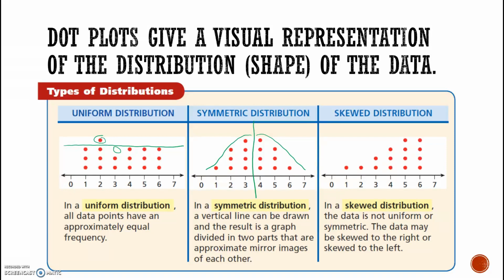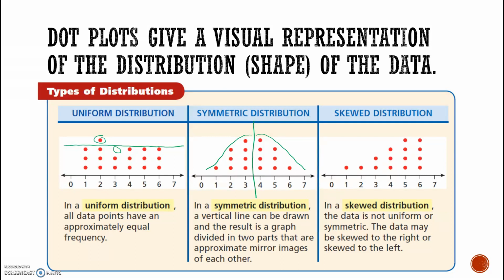So if I were to draw that vertical line down the middle of the graph, it would really divide my data into 2 parts of about the same size. They'd almost be a mirror image of each other, or they would have symmetry. So if this graph is pretty close to having symmetry, we would say it has a symmetric distribution.